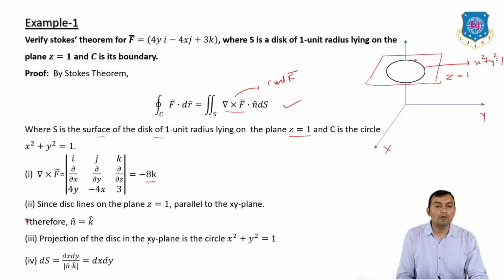Now just take the projection of the disk on the xy plane, which is x square plus y square equal to 1. In that case, dS will be dx dy divided by mod of n cap dot k cap. Because n cap is k cap and k dot k is 1, it will be only dx dy.